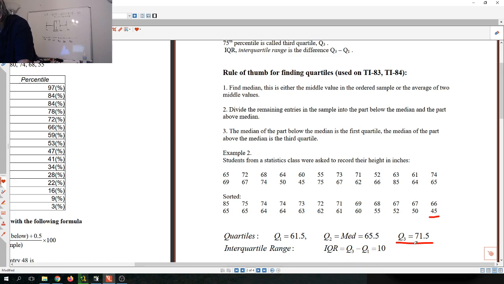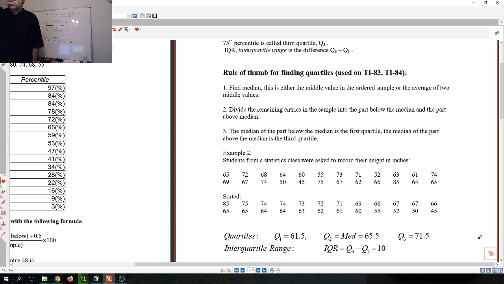Well, given the sorted sample, because if the sample is not sorted, the outliers are really difficult to find. But given the sorted sample that we have here, which is the second list of the items, you could say that maybe 85 is an outlier and maybe 45 is an outlier, or maybe just 85 would be an outlier. But that's your own perception.